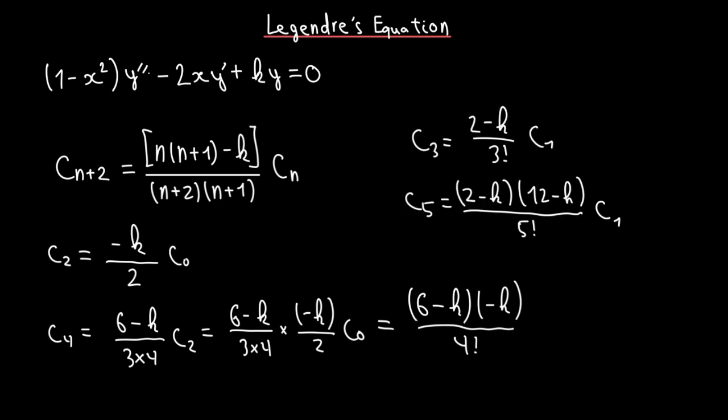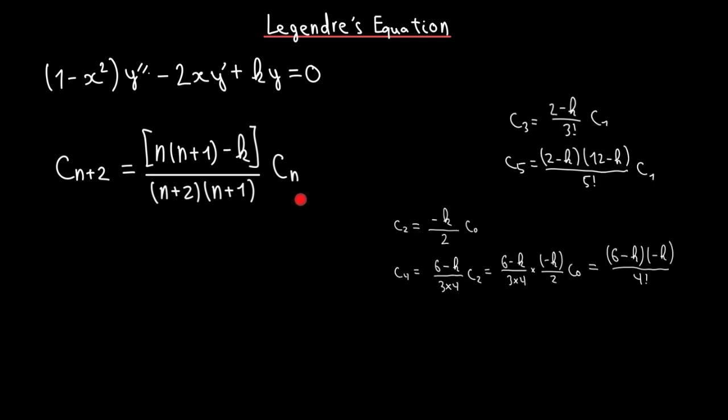And similarly, I've written down the expressions for C3 and C5 in terms of C1. Because this recurrence relation relates the n terms that have the same parity, the constants for n being odd are related to C1, and the constants for n being even are related to C0. We have two parts of the solution.